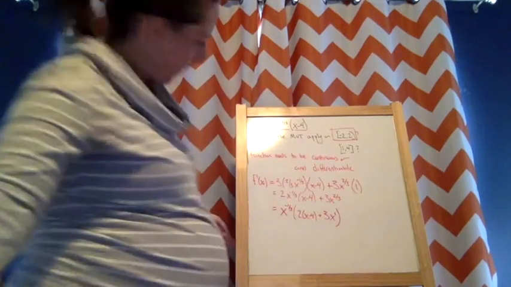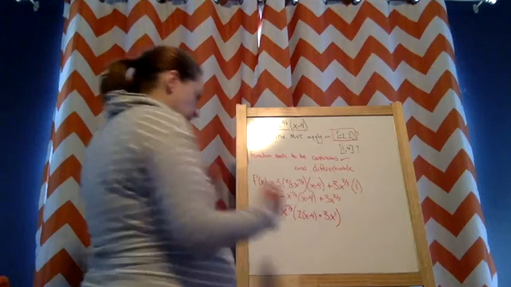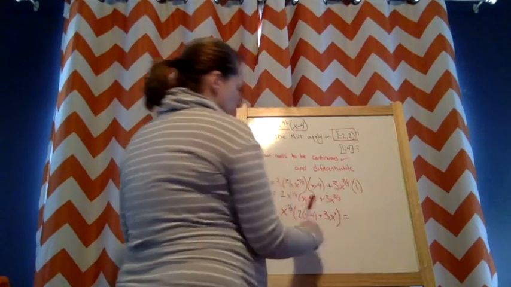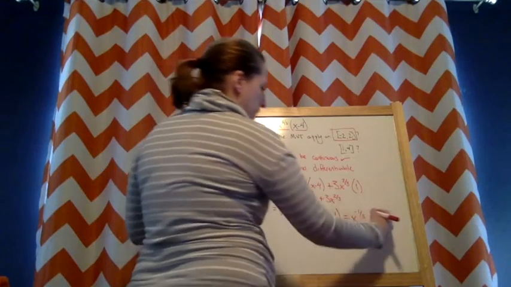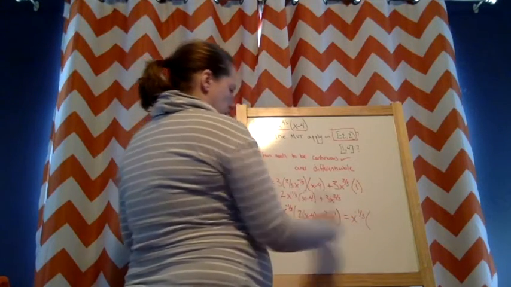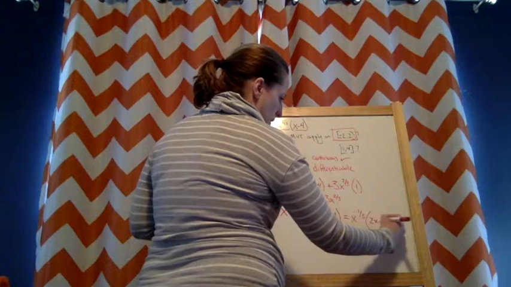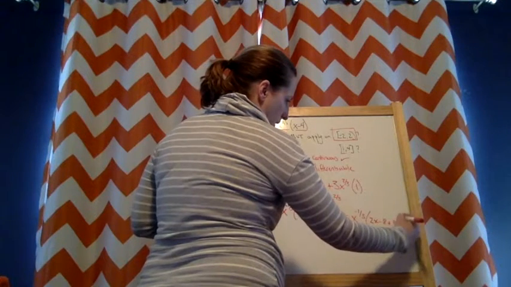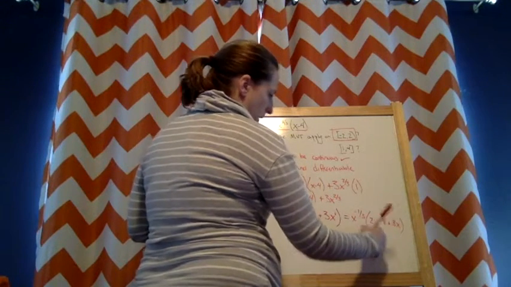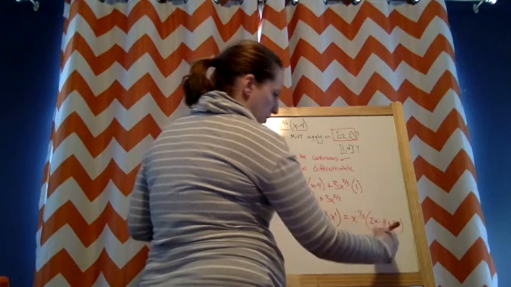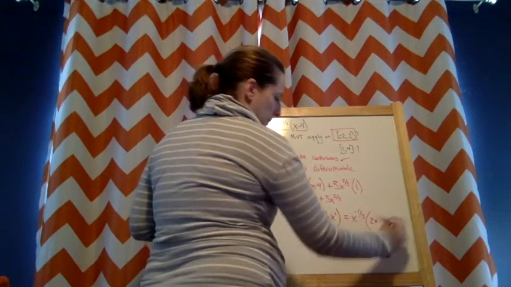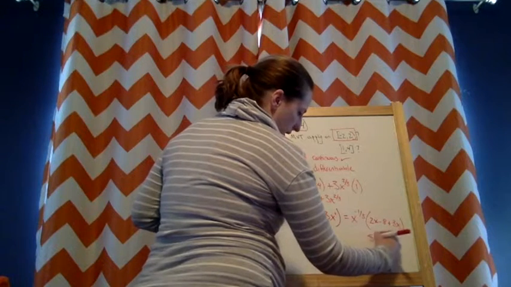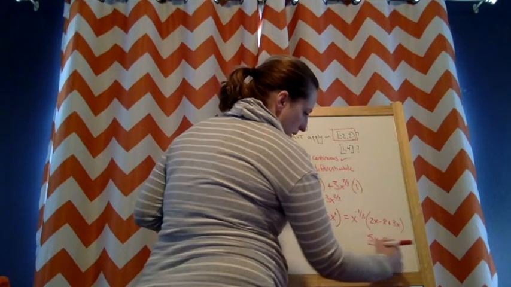Okay. So continuing with our simplification, I'm going to simplify inside my parentheses here. So that'll be 2x - 8 plus 3x, which leaves me with, inside the parentheses, 2x plus 3x is 5x - 8, all over.